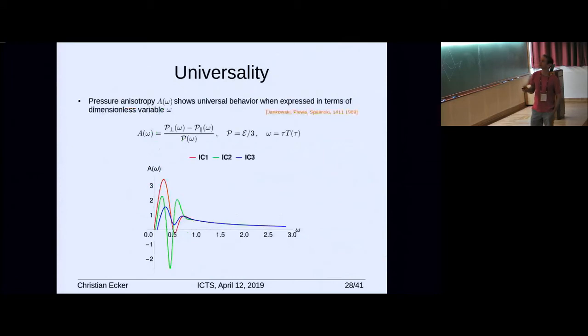These kind of evolutions, they show some universality. You can express this pressure anisotropy in terms of this clock variable, which is given by t times the effective temperature T. And then you see that if you start with very different initial conditions for this pressure anisotropy in the beginning, after order 1 of this clock variable, all the evolution collapses to a single curve.